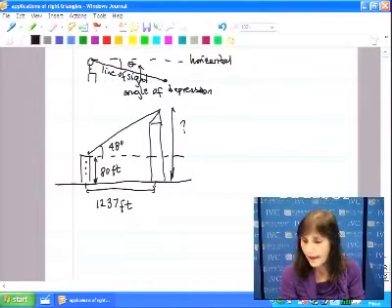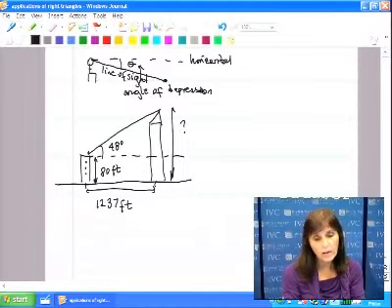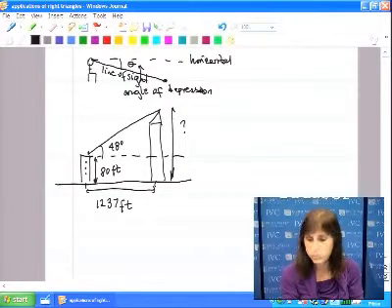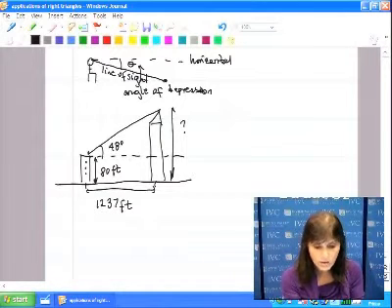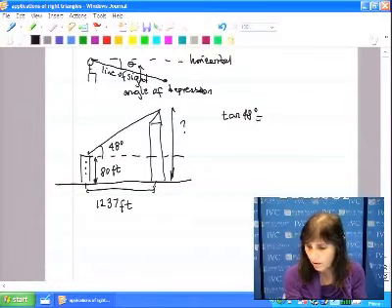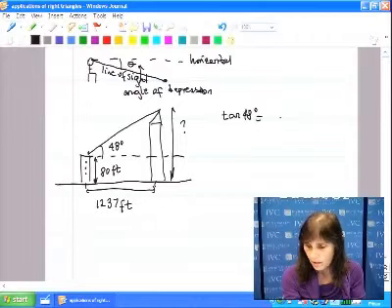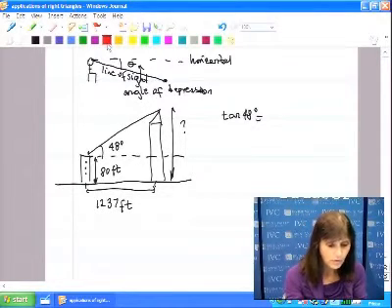Now we are talking about line of sight of elevation at this point. So I'm looking at it. Let's look at tangent 48. That's going to be opposite over adjacent.